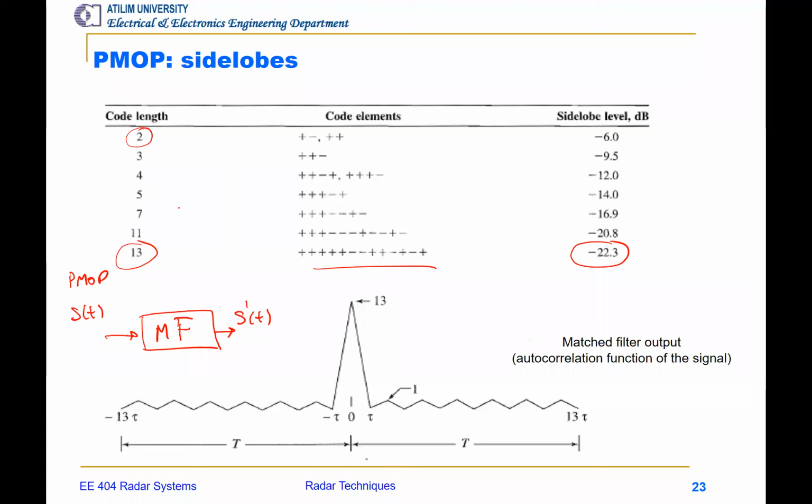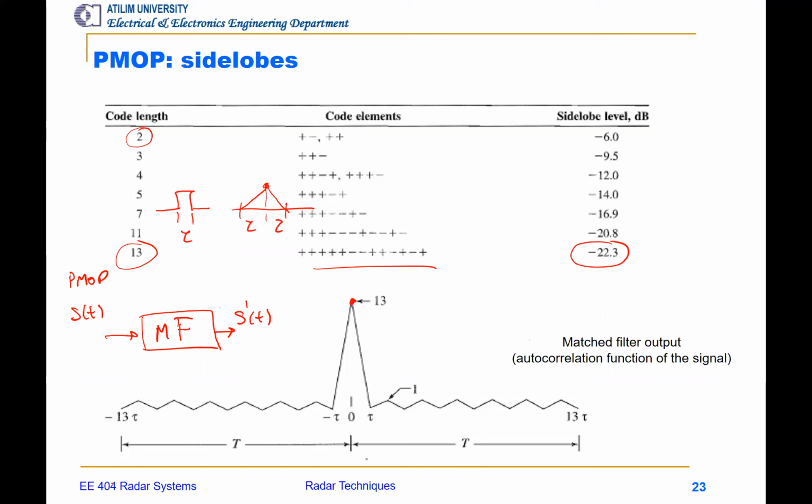Remember that for a rectangular pulse, the output was a triangle. If the pulse duration is tau, then the output duration is going to be 2 tau. So we expect a peak at the output to detect the signal when there is noise.